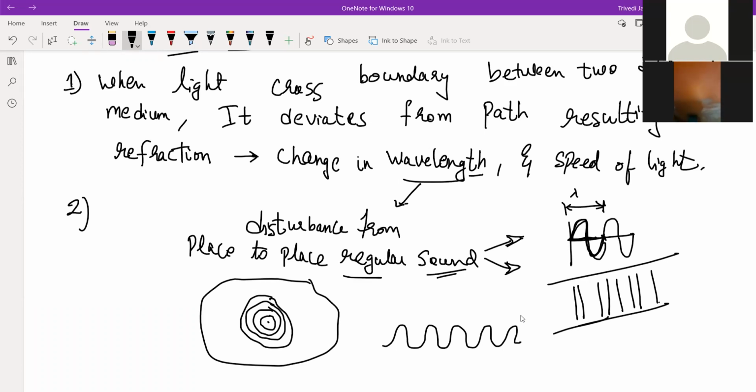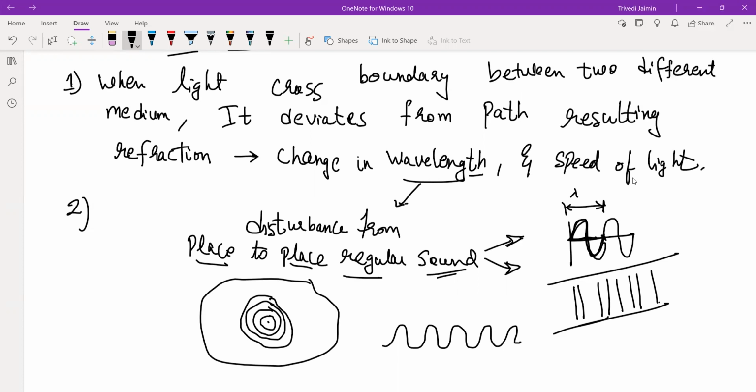It is a regular disturbance from place to place. Yeah. So that was about wave. Is this clear or shall I give you some more? It's clear, sir. Sir, no, I didn't understand.